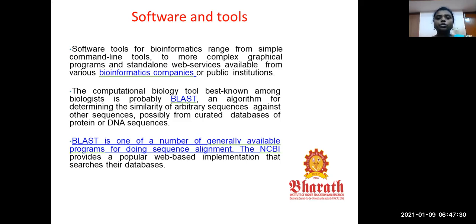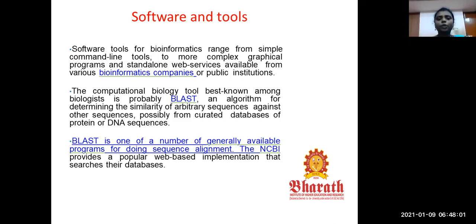If a person has a great interest in bioinformatics, they can create new software and new programming tools to identify biological data sets.